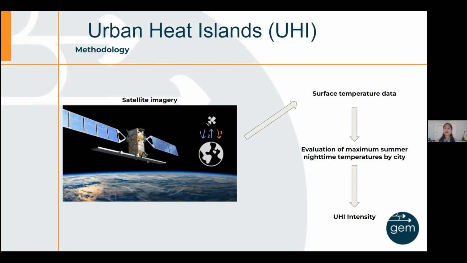So urban impervious surface cover, geometries, geographies, weather, and this varies from region to region, but not just region to region, but city to city within each region. So we evaluated the maximum summer nighttime temperatures on a city basis.